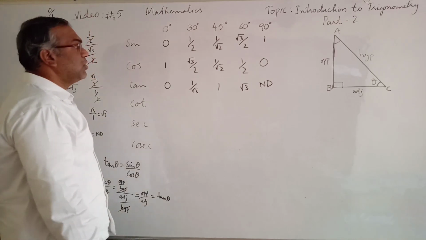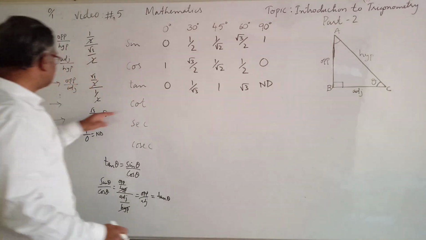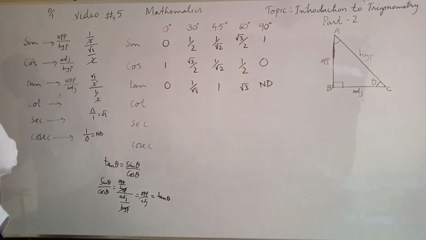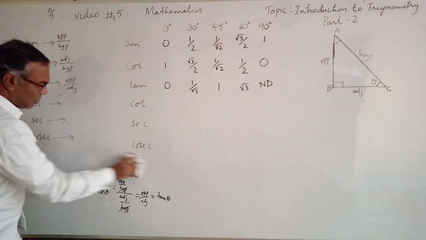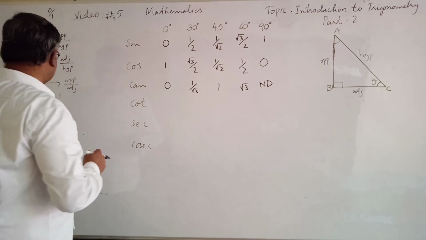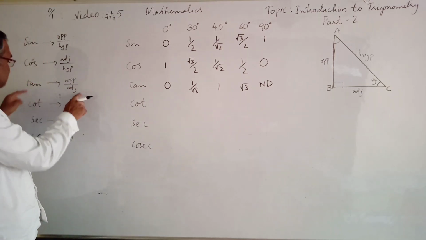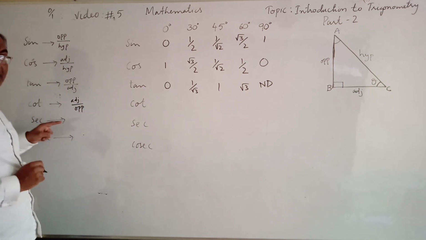That's it. Now, what about the values of cot? We know that cot is reciprocal of tan. So if tan is opposite divided by adjacent, cot is adjacent divided by opposite, right?